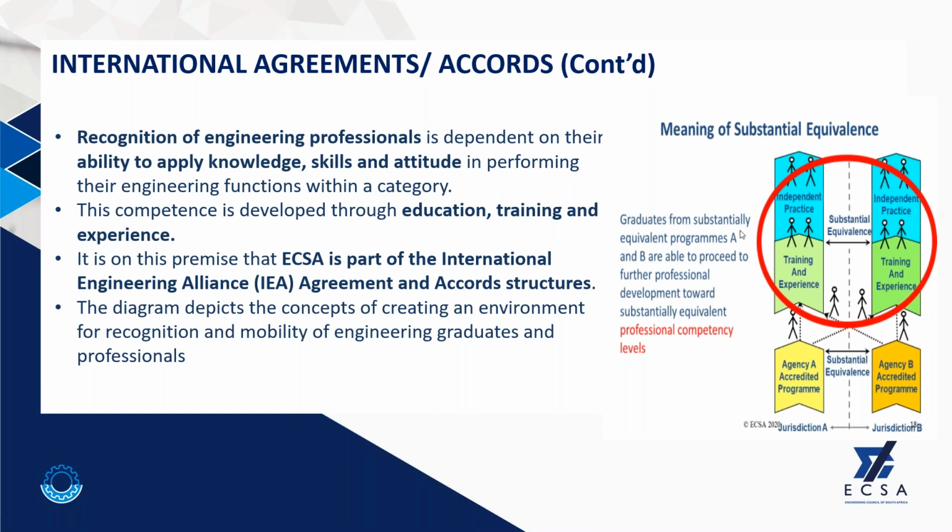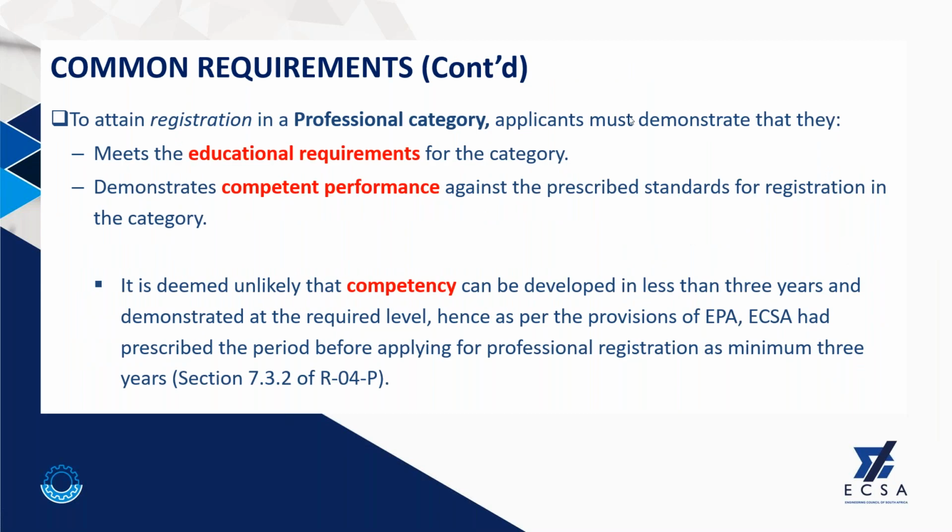Graduates from substantially equivalent programs A and B are able to proceed to further professional development towards substantially equivalent professional competency levels. It is quite important that when you have acquired enough experience and knowledge, you meet a certain professional competency level, which I will touch on as I proceed.